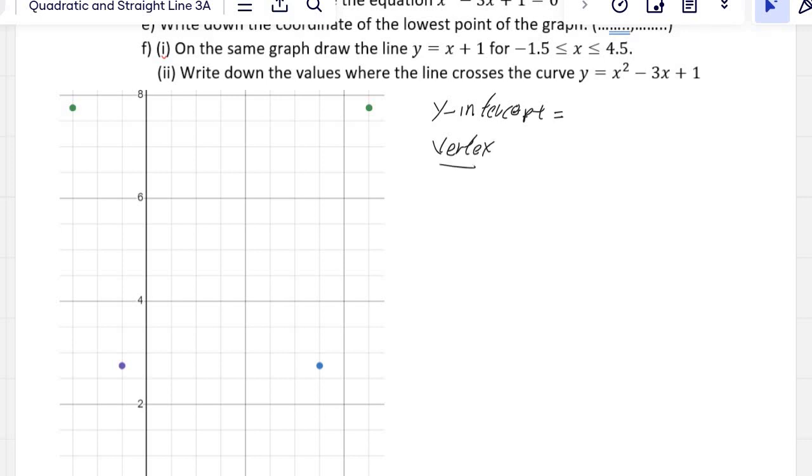You also need the roots. If you know the y-intercept, the vertex, and the roots, you can draw it properly.